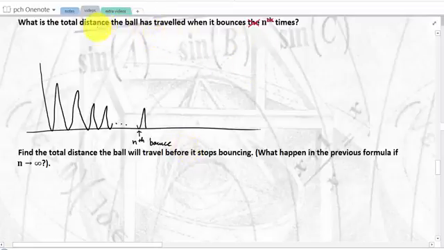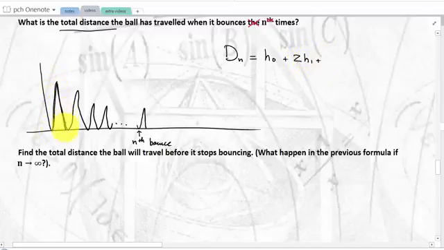So let's call the total distance dn, the total distance after the nth bounce. What is it equal to? Well, it's equal to h naught, the first one right here. And then it's equal to 2h1, h1 up and h1 down, plus 2h2, h2 up and h2 down, plus, and then 2hn, hn up and hn down.